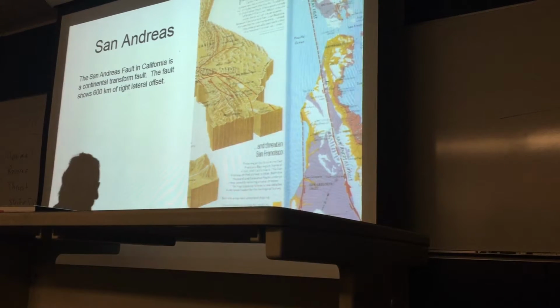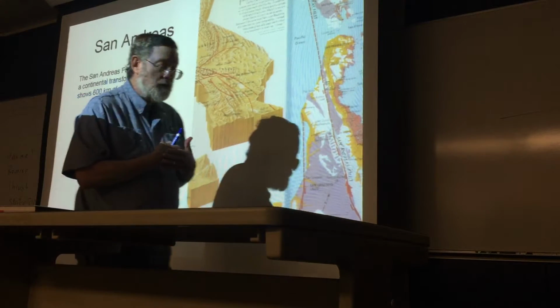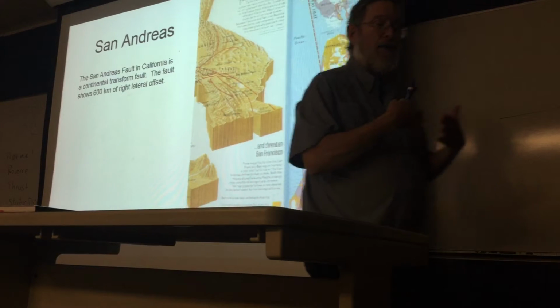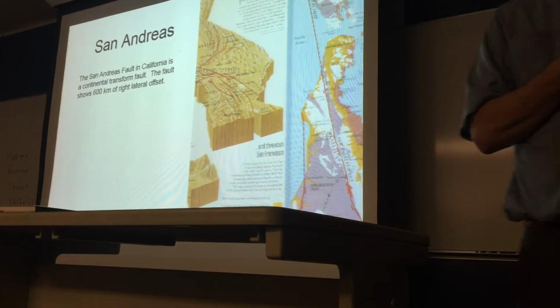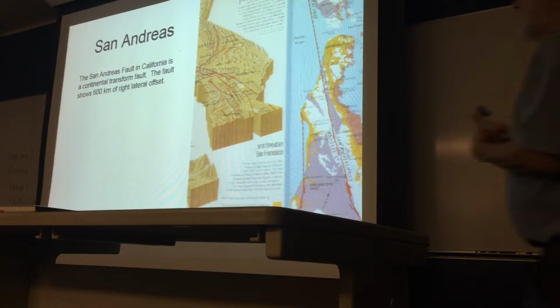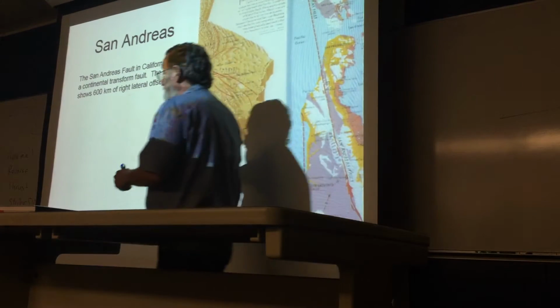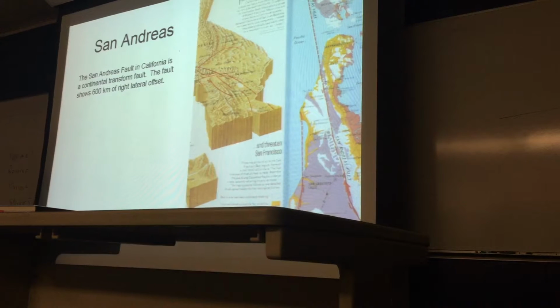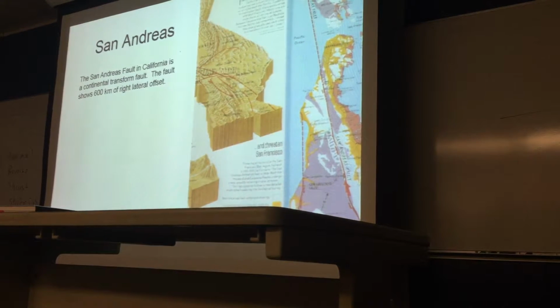A few years ago, we had a 7.5 earthquake just outside of Port-au-Prince. It wasn't massive, but the death toll was on the order of 230,000 people who perished from that one earthquake. So these things can be significantly damaging in active systems.